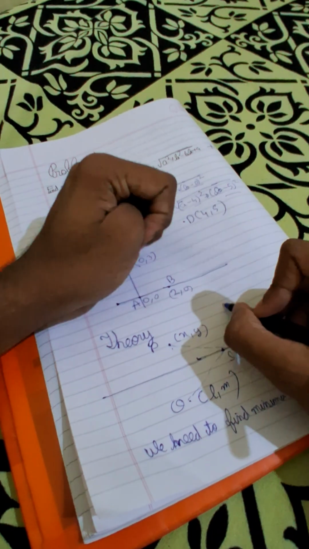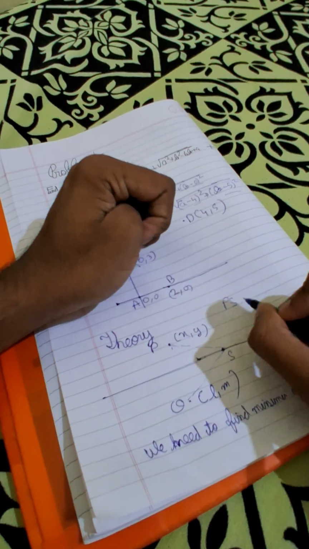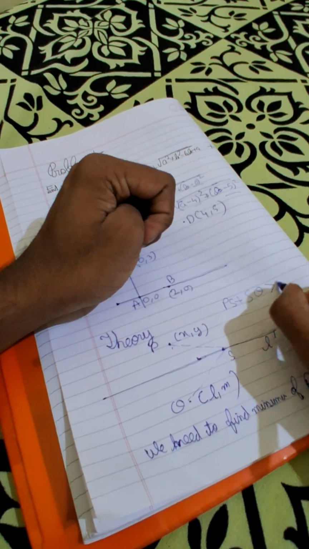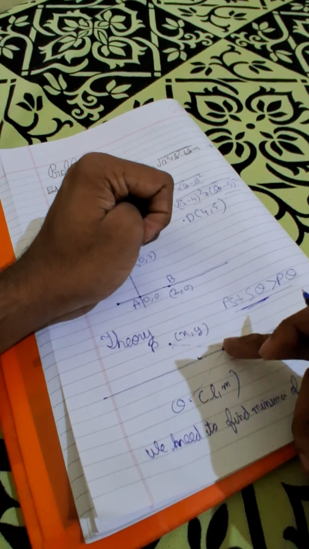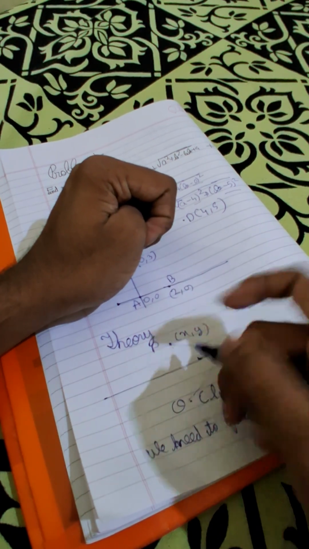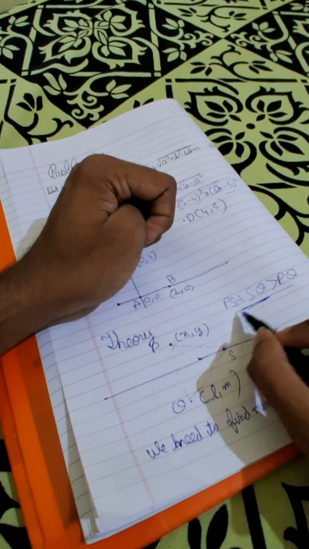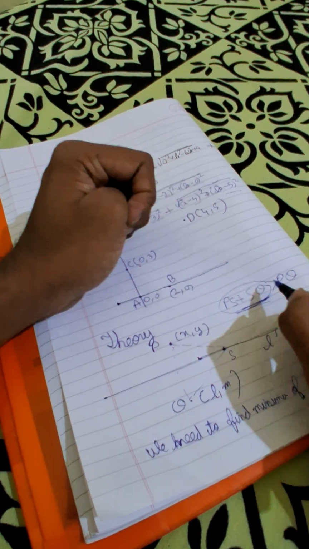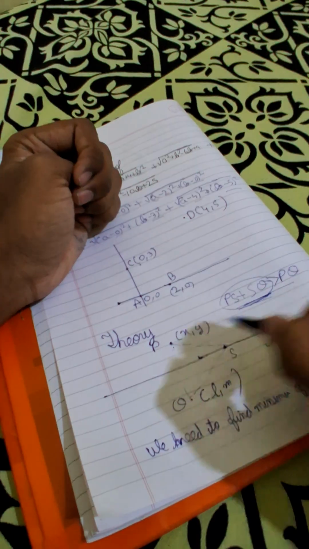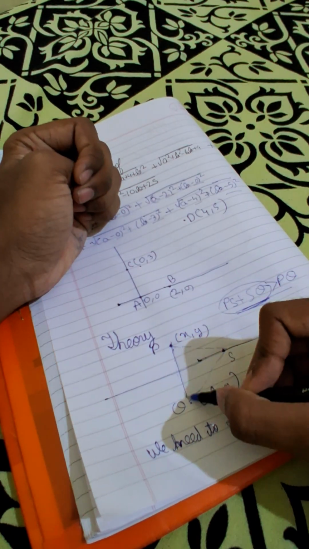Now, as we know that the sum of two sides of a triangle is always greater than the third side, this distance will be minimum when S is collinear, right? Because the sum of two sides of a triangle is always greater than the third side. So PS plus SQ should have the minimum value PQ, basically.